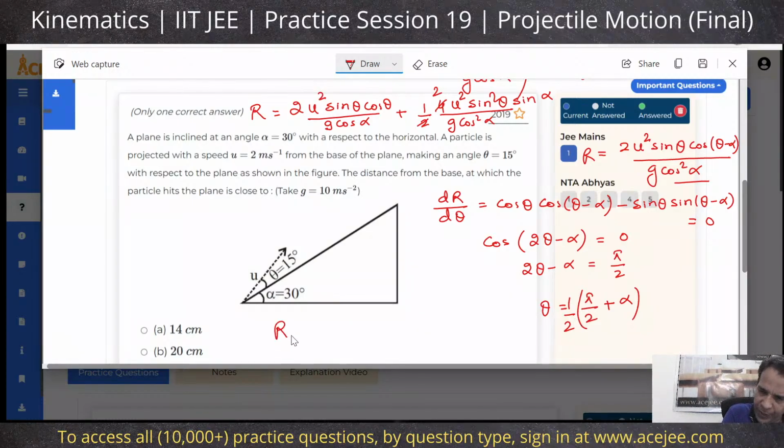What will be the maximum range, beta? I'm going to use u square upon g cos square alpha, and write 2 sine theta cos of theta minus alpha.